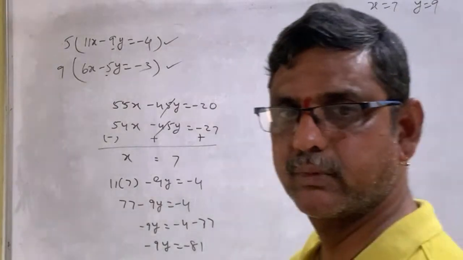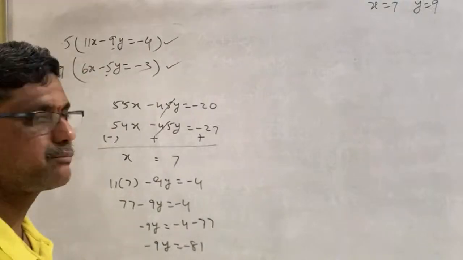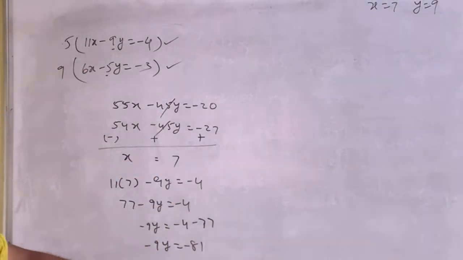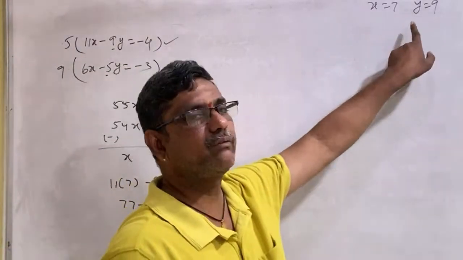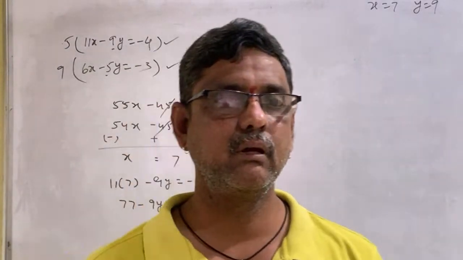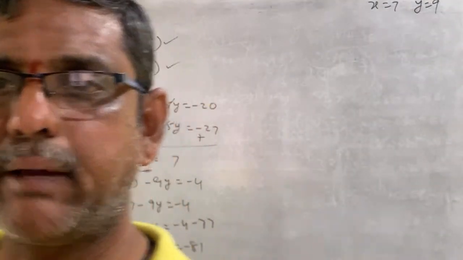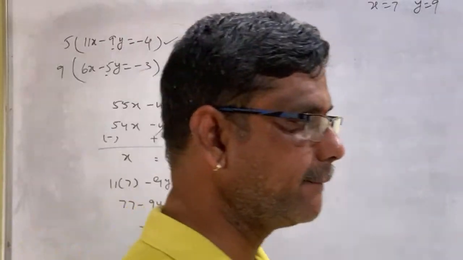Okay. So you can observe here x is 7, y is 9. Even in the substitution method we got the same answer.